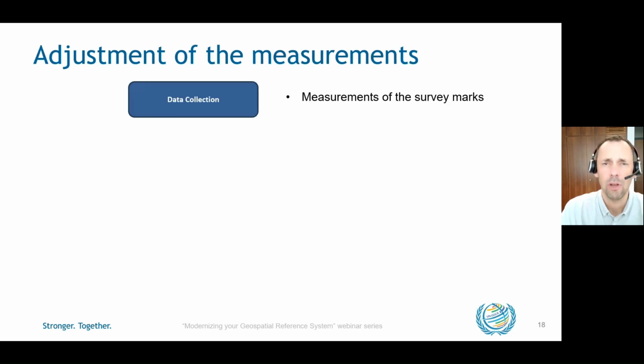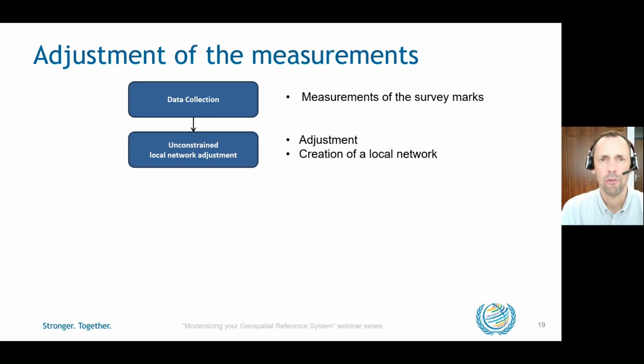The next step is to adjust the measurement and define the datum. First, the data collection through observations on the markers is needed. The relation of the markers is achieved through a free adjustment calculation of observations without any constraint to an already existing reference frame.